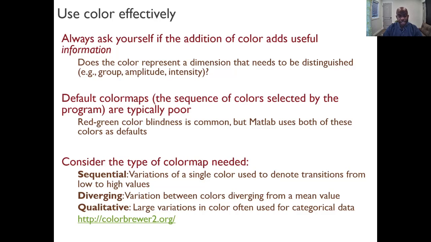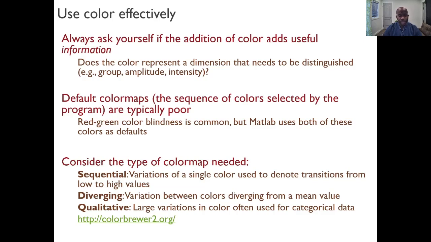These might be sequential colors, where the variation intuitively could represent low to high values. A diverging color map, where maybe there's a central color, like let's say white, and then the colors diverge from there. Well, you may not use white, you may use something yellow that stands out from the background. And then lastly, maybe you're just representing differences in groups, right?